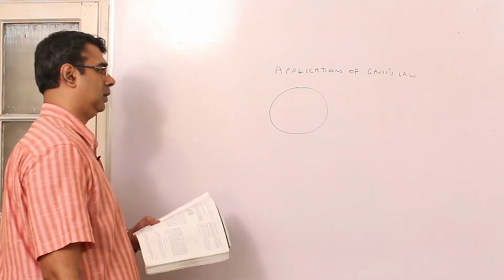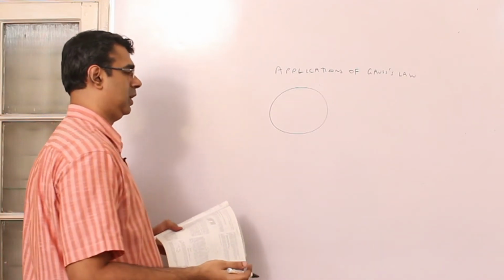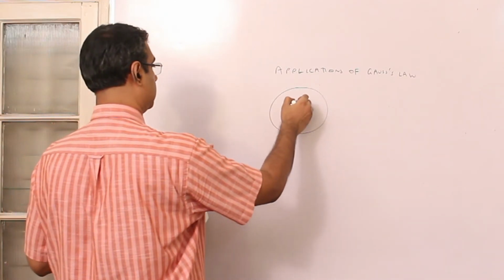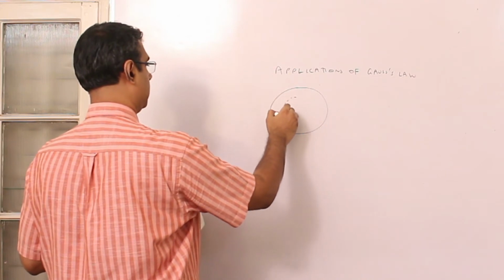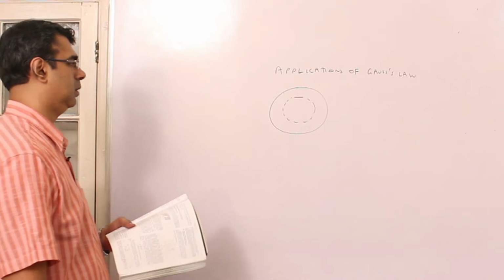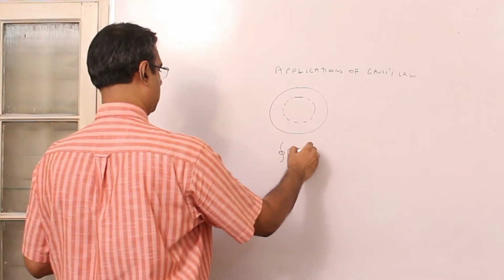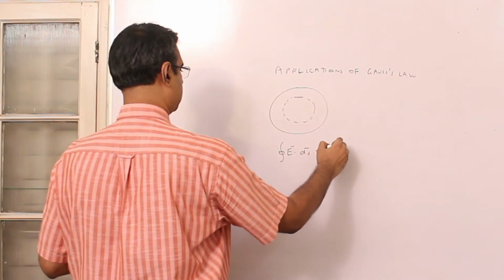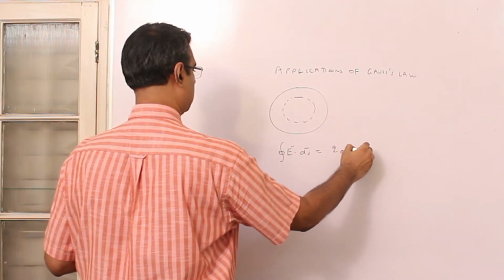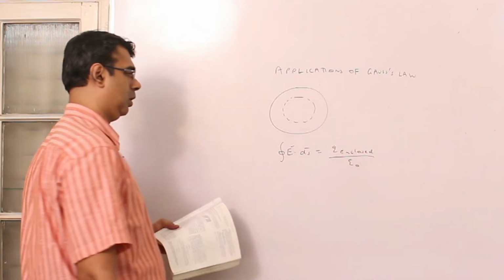It's a solid conductor and I want to know what will be the distribution of charges after I have introduced the charge. So now I will consider an imaginary closed surface inside this conductor. For this imaginary closed surface, you know that flux is equal to enclosed charge by epsilon naught.